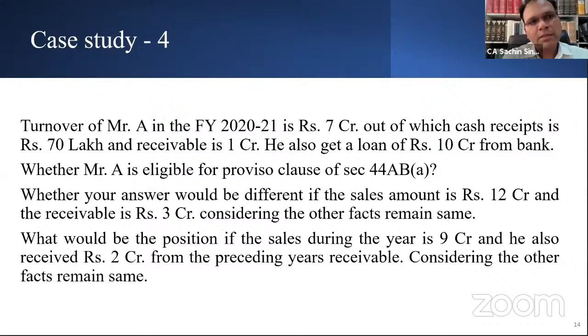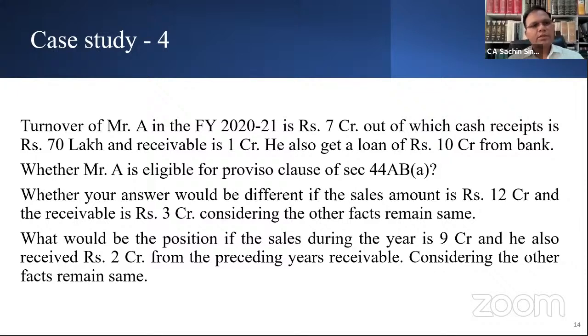But ICDS also says that this is not related to the preparation of financial statement. So while preparing the financial statement, we will take only the 90 lakhs and not the 106 lakhs. And there are so many judgments which support our view that yes, we will take only the 90 lakh, because turnover of sales means what we generally understand or use in commercial parlance.